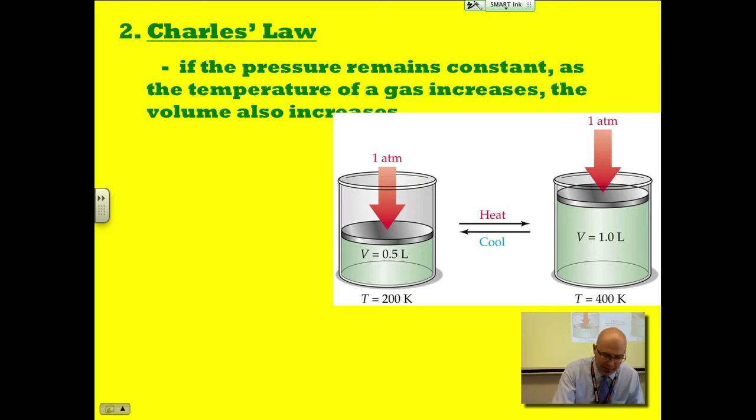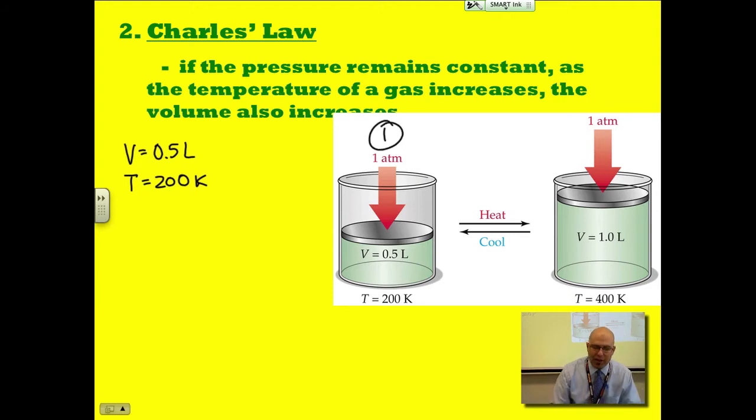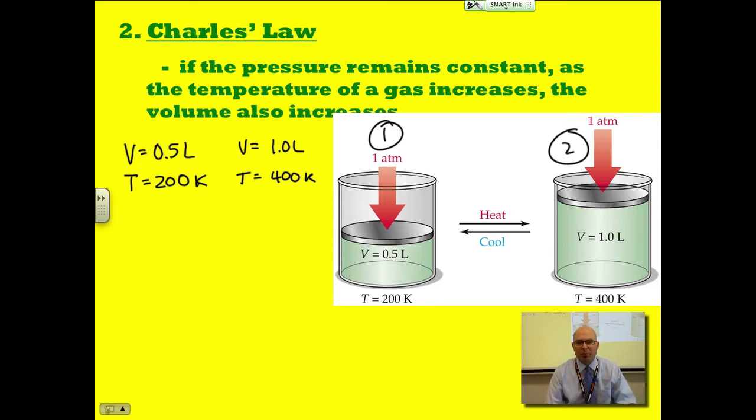So Charles's law is this. Let's say we have volume is 0.5 liters. My temperature is 200 K. That's in situation 1. In the second situation, which is this one over here, the volume is now 1 liter and the temperature is 400 K. Now, if you multiply those, 0.5 times 200, you get 100.